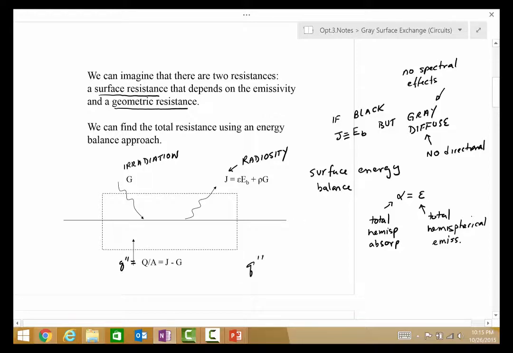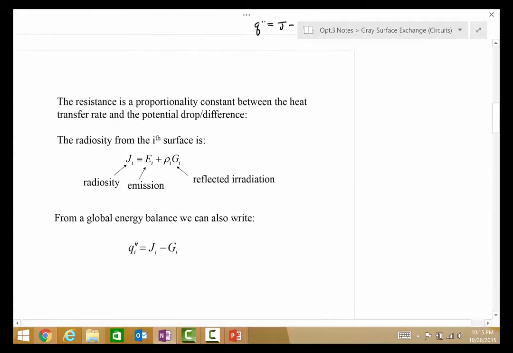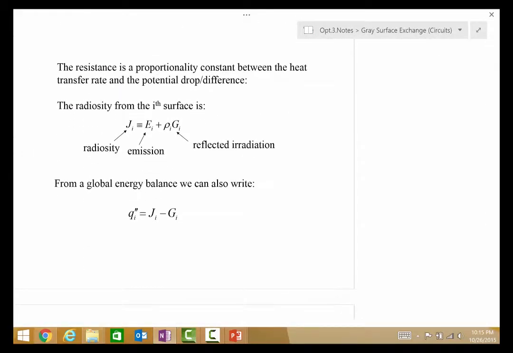It says that Q plus G is equal to J, or said differently, Q is equal to J minus G. And so to identify this, the radiosity from the ith surface, Ji, as we know, is equal to the emission plus the reflected irradiation. We just looked at this global energy balance, and the global energy balance simply said that for that surface i, Q is equal to Ji minus G.